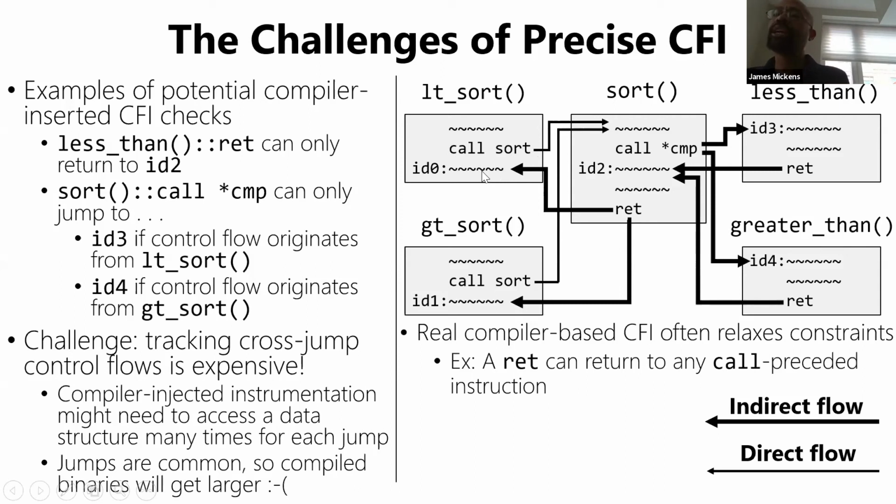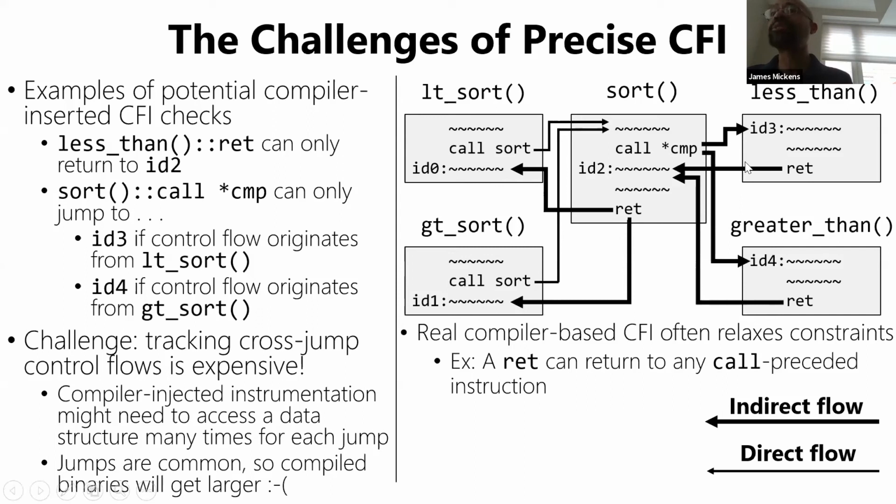Now, if we relax the control flow graph that we're trying to enforce, then we might say, okay, I'm the compiler, I'm only going to inject instrumentation to determine if a ret returns to a call preceded instruction.